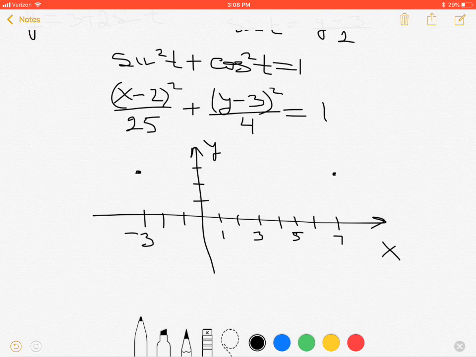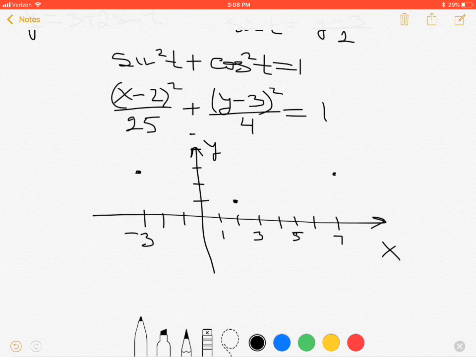Let's go x equal 2. This means the first fraction equals 0, and then y needs to be equal 1 or 5. So x equal 2, y equal 1, or x equal 2, y equal 5. 3, 4, 5.